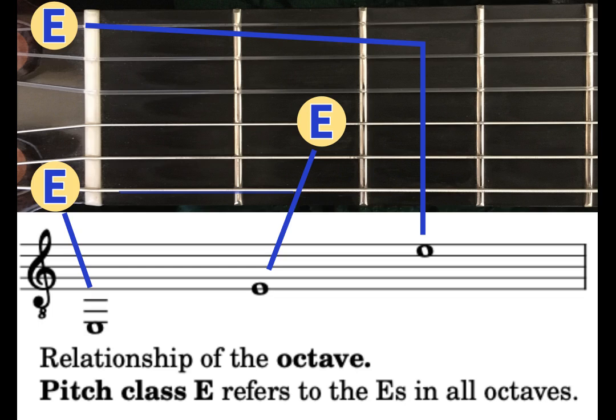Each note has its own specific location on the staff, yet they are all called E. This is because these pitches are related by an interval called the octave. Pitches related by the octave sound so similar that we give them the same letter name, or pitch class.